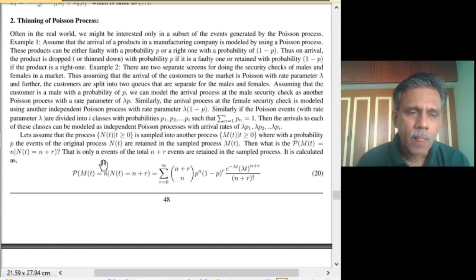Well, what is the probability that M(t) equals n, given that N(t) is equal to n plus r? This is what we are interested in.